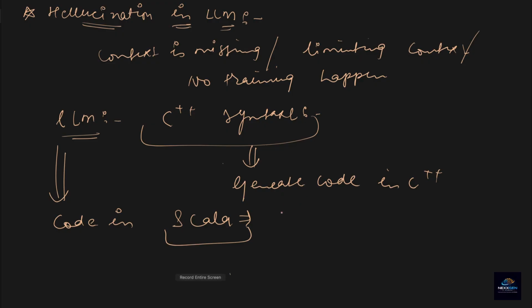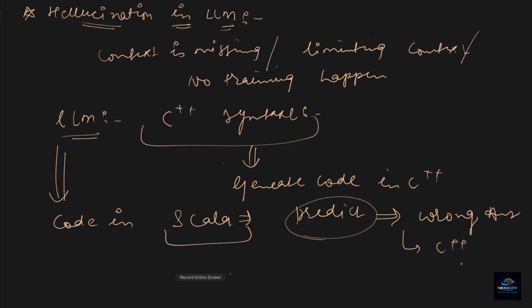Now the LLM will just predict and give an output based on the training that happened. So the LLM might confidently give you the wrong answer. It might again give you C++ code instead of Scala. So this is the case of hallucination.